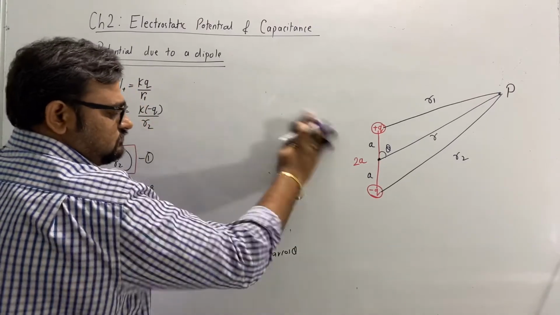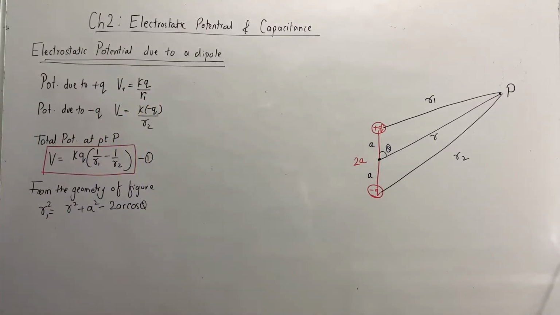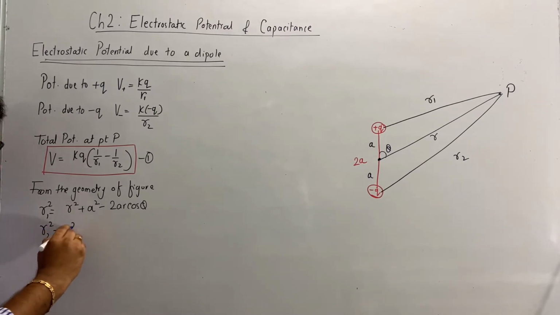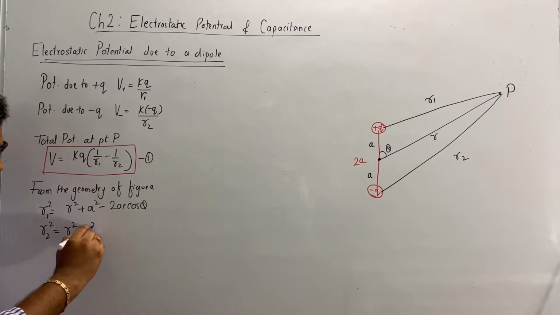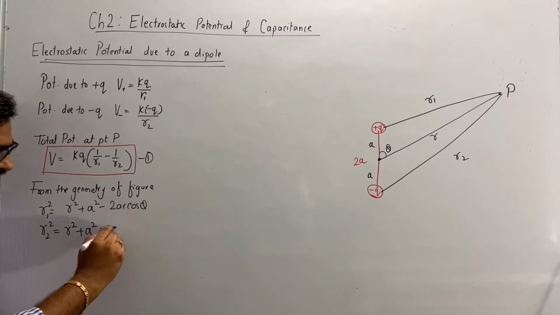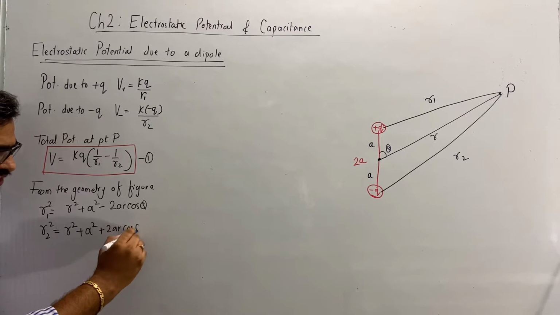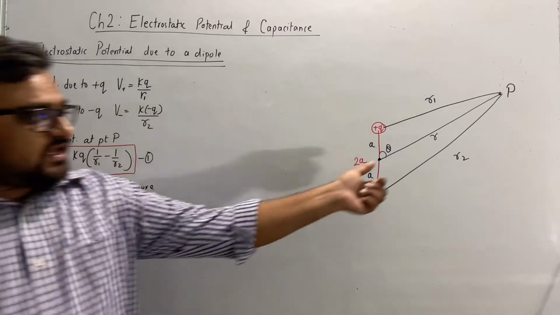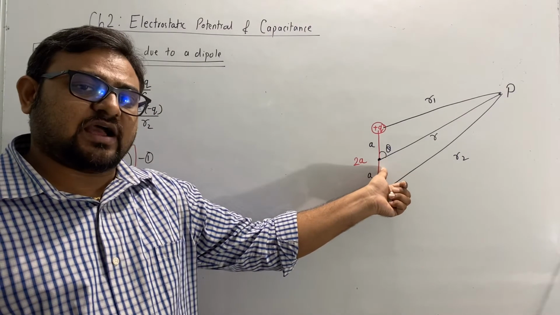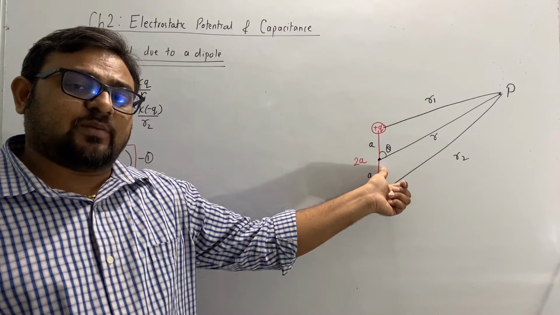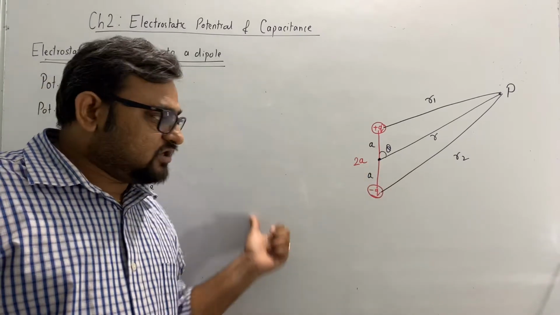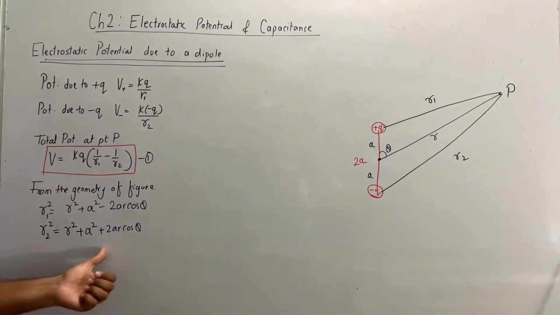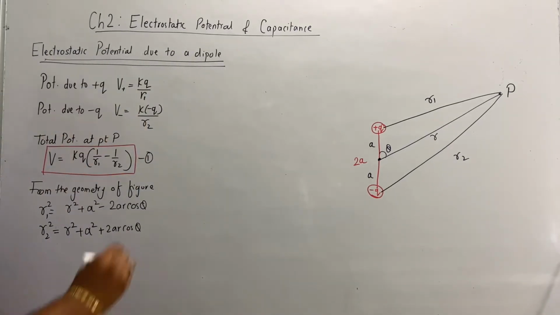Similarly, I will get R2 square equal to R square plus A square plus 2AR cos theta, because in this case this angle will be 180 minus theta and cos of 180 minus theta is equal to minus cos theta, so when it moves to this side, it will be plus. Let's name these two equations 2 and 3.